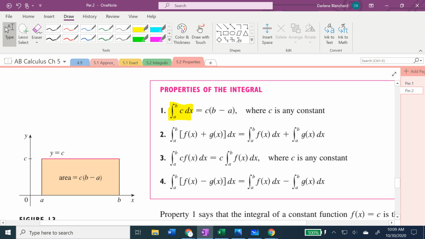If your integrand is a constant, that's creating a horizontal line at that C. That would also give you the height of a rectangle, where B minus A is giving you the width of that rectangle. So you have height times width. And even if they're negative, if C is a negative constant, this will turn out negative. If B happens to be a number that is smaller than A, then it will come out as negative automatically.